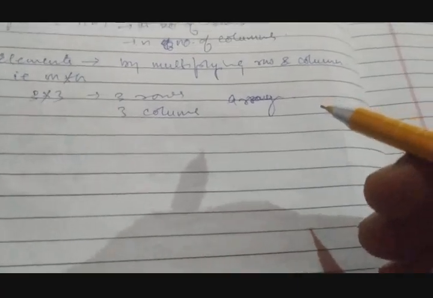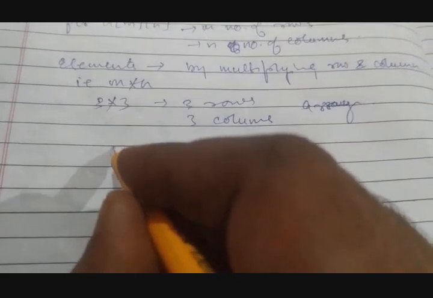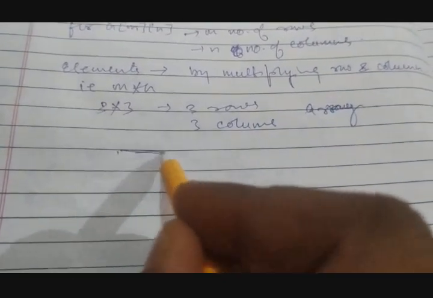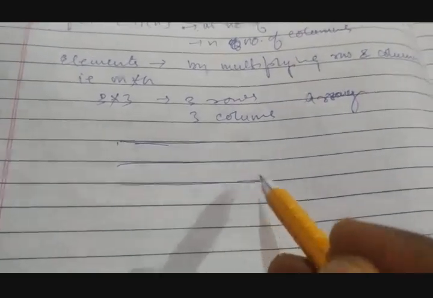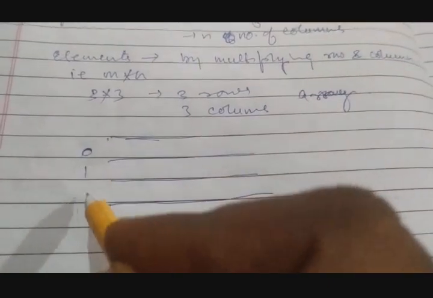Now we are going to perform a mapping of it. So, three rows: row 1, 2, 3, so 0, 1, 2.